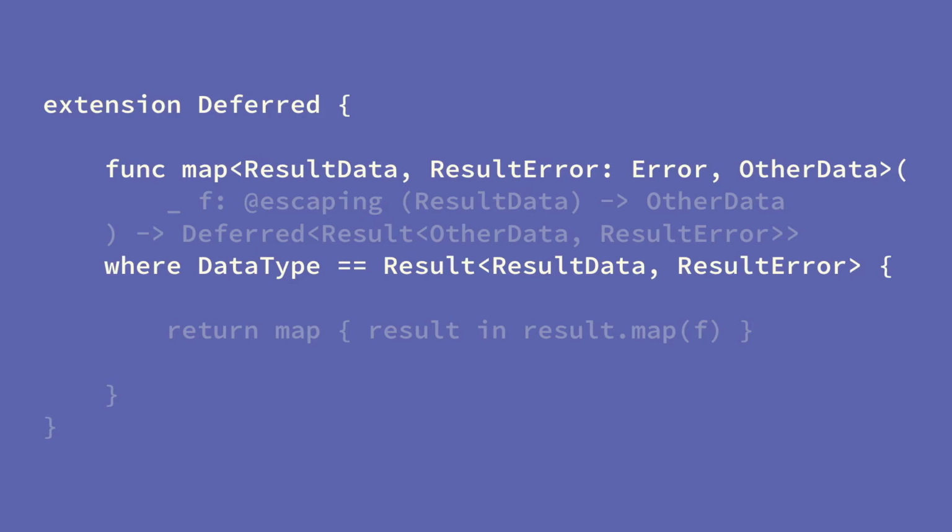So let's call it the conditional conformance API that you can use to say that the generic parameter should be a concrete type. Anyway, here you're just repeating the signature of the inner container, so of Result in this case, in the generic signature of a method. You're not adding anything to extensions. You're just doing it for the method.